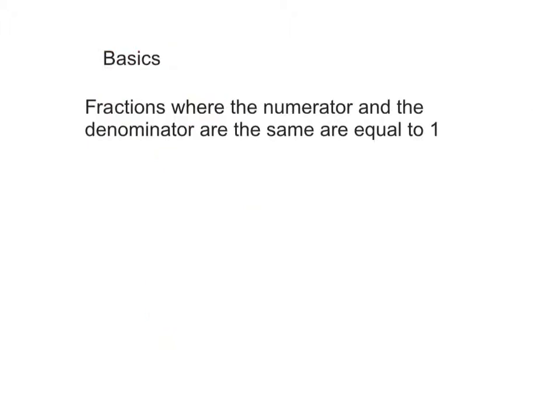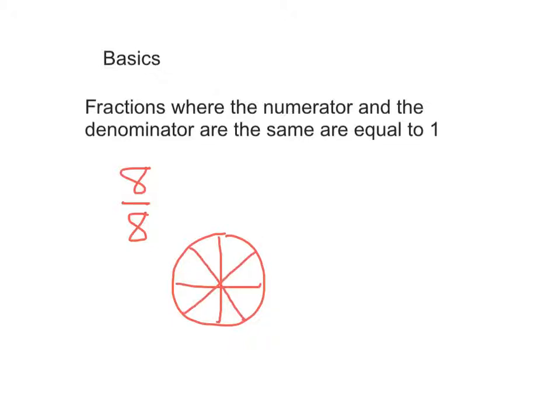So let's talk about the basics here with fractions where the numerator and the denominator are the same. Let's say we have 8/8, we have to think of what that denominator means. It means that whatever you have, let's say I have a pizza, it is split into equal parts, and in this case it is split into 8 equal parts because that's what my denominator lays out.